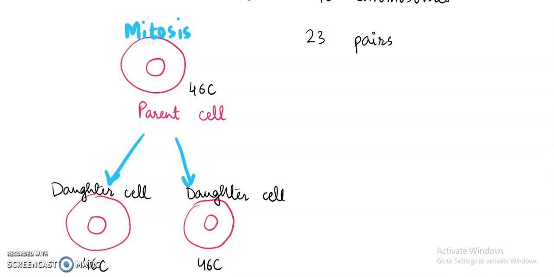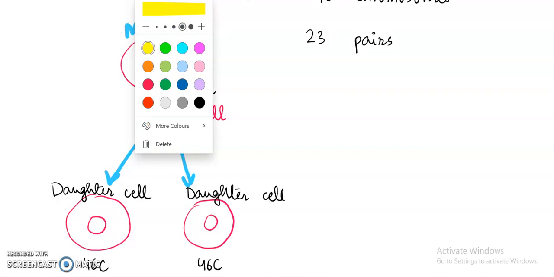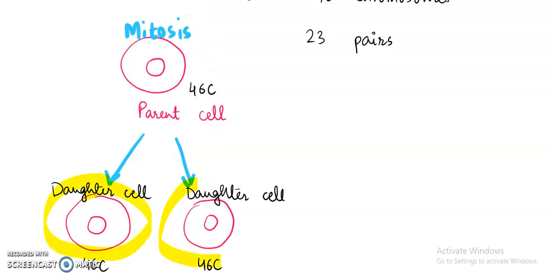Two. One parent cell has divided to form two daughter cells, and the chromosome number has stayed the same. There is one illustration given in your NCERT on the very last page where chromosome-like structures are visible. This illustration is about mitosis and meiosis only. That's why I am explaining it.